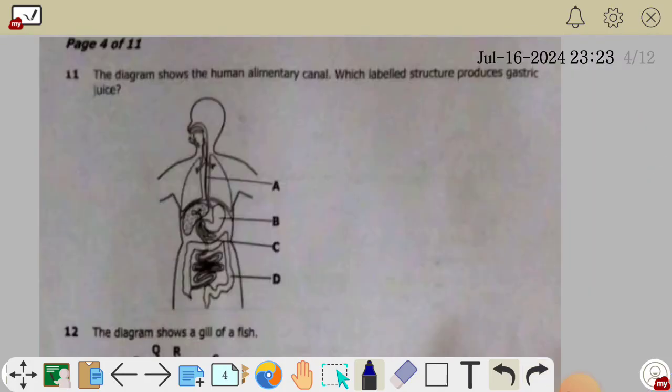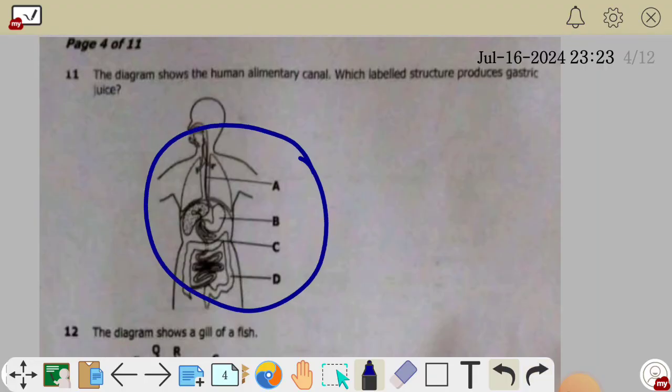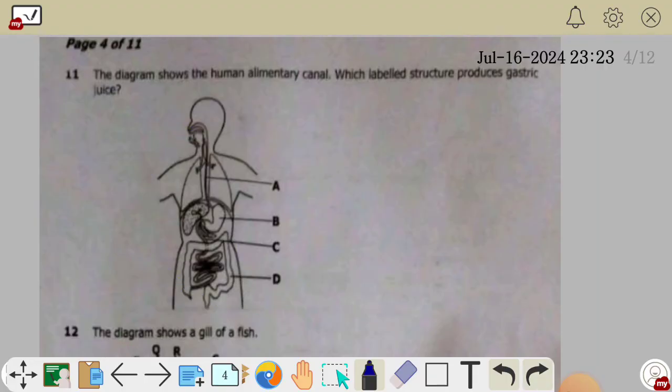Question 11. The diagram shows the human alimentary canal. Which labeled structure produces gastric juice? So this is a labeled structure of the alimentary canal, which is a long tube running from the mouth to the anus. They're asking which labeled structure produces gastric juice. Gastric juice is produced in the stomach.